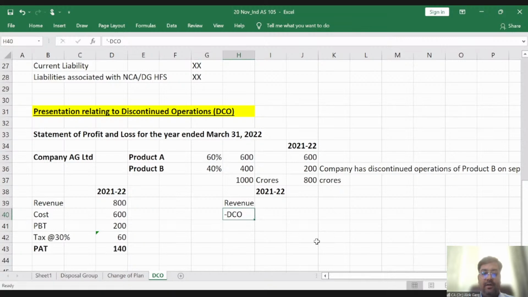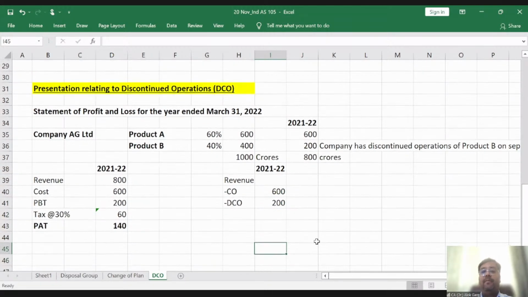Let me write it down like this manner. Revenue from continuing operation is 600 crores. Revenue from discontinued operation is 200 crores.